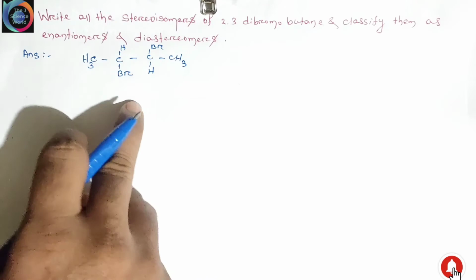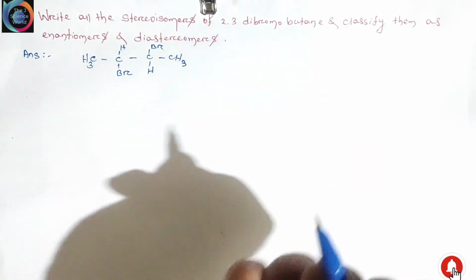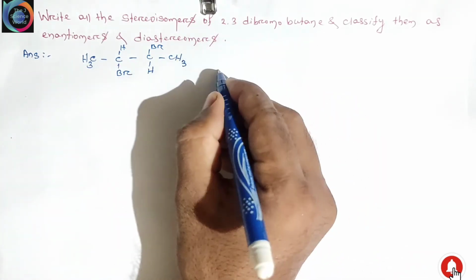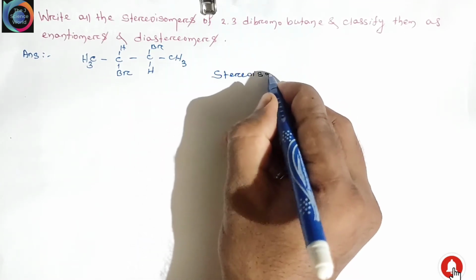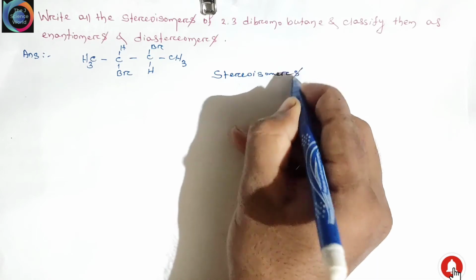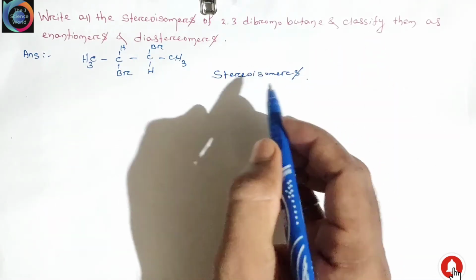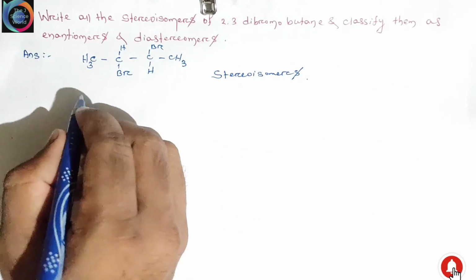Let's draw all possible stereoisomers of 2,3-dibromobutane. There are 4 possible structures of stereoisomers.